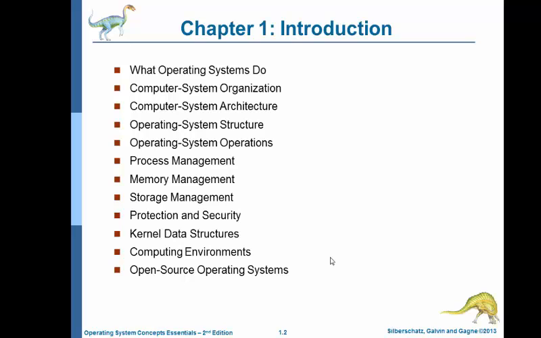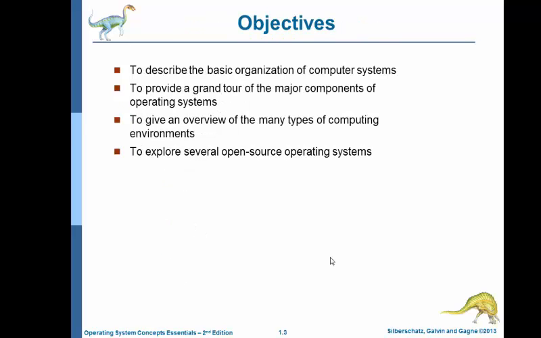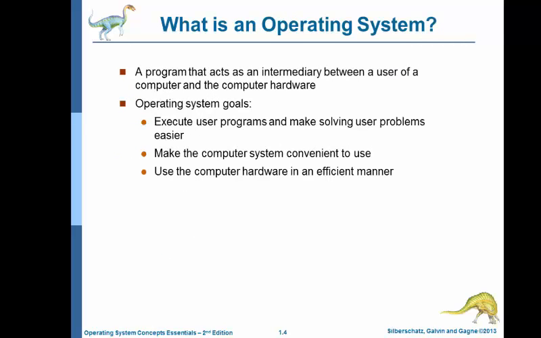So, what is an operating system? An operating system is nothing but a software package. It's not hardware. It's software. What is a software package? It's a program. How is it different from the program that you write? Exactly the same program, right?